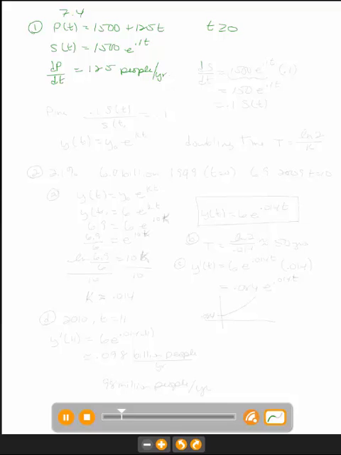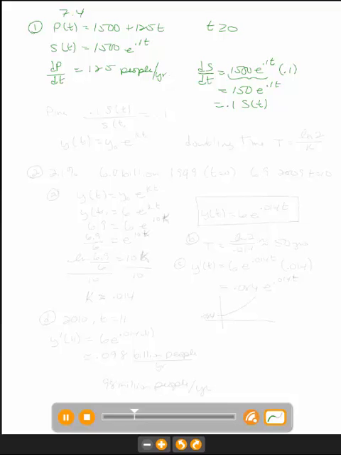The growth rate of Spruce, dS over dt, is an exponential one, so its answer would be 1,500 e to the 0.1t times the derivative of 0.1t, which is 0.1. Instead of writing it as 150 e to the 0.1t, I could recognize this as the original function and say that it's equal to 0.1 of S of t.